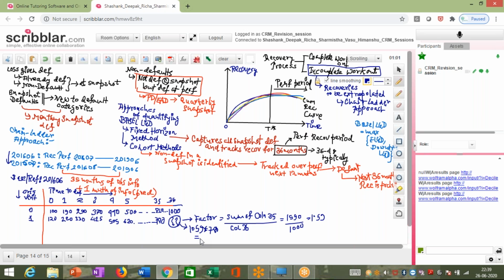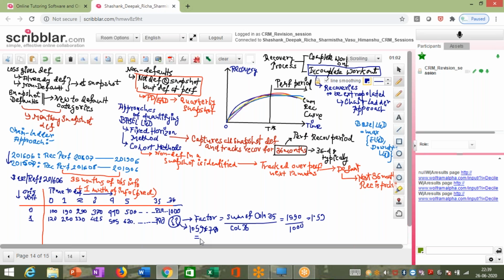So you do it for lifetime, and then you see where the cutoff happens and where it flattens out, and then you choose that as the performance period. So that is basically the idea of the chain ladder approach.